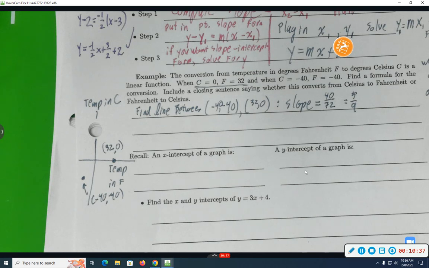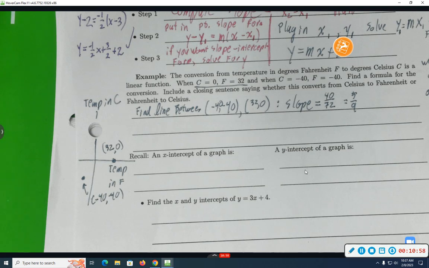Do we have enough information to put this thing into point slope form? Which point seems easier to use? 0. 0 is the simpler thing. We could use -40, -40. That would be a perfectly valid thing to do. Let's take advantage of the fact that 0 behaves nicely.